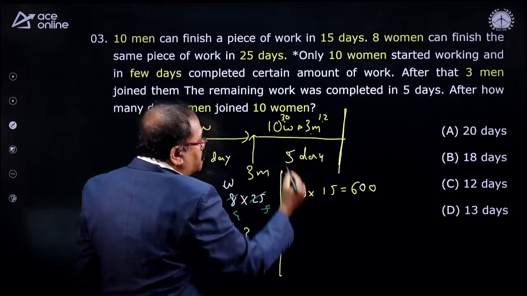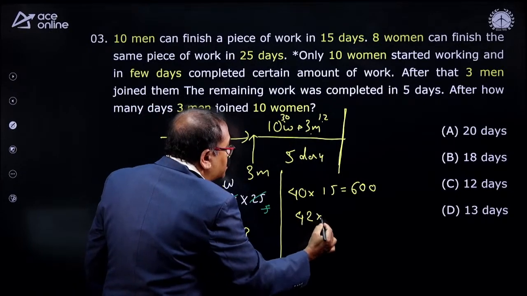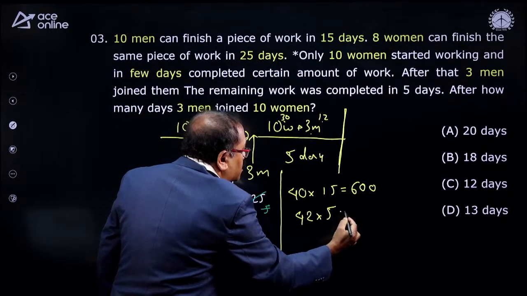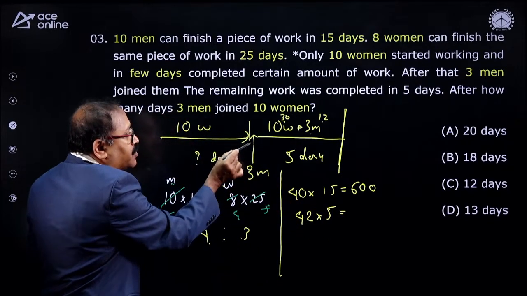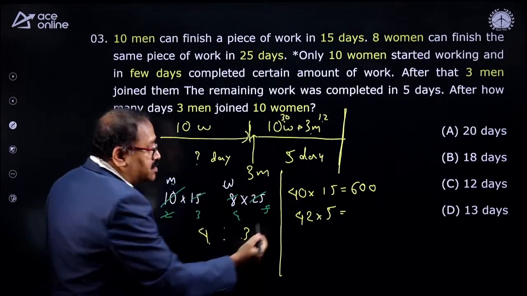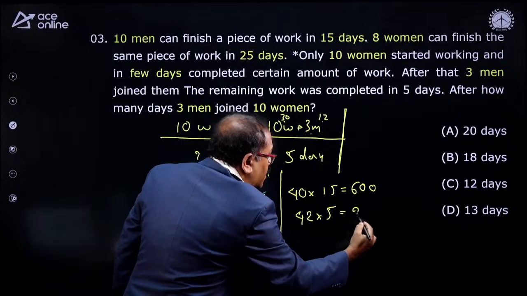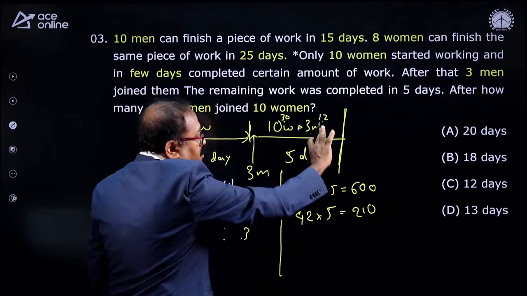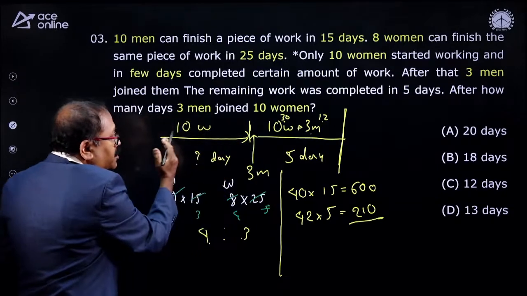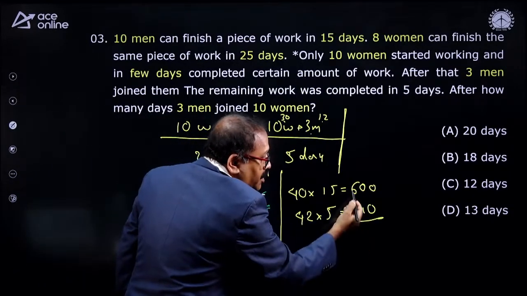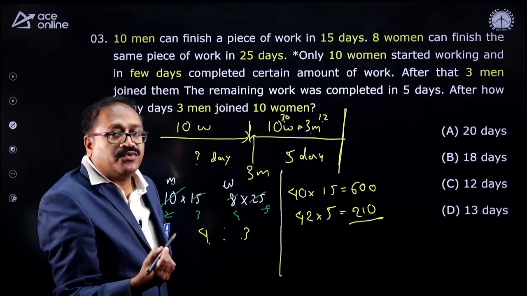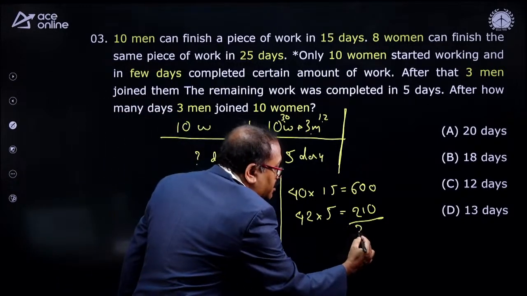And this 42, for how many days do they work? For 5 days. So this will give us the volume of work completed here. That is 210. If 210 is completed in this part, then the work completed over here is the remaining part, that is 600 minus 210, which is 390.